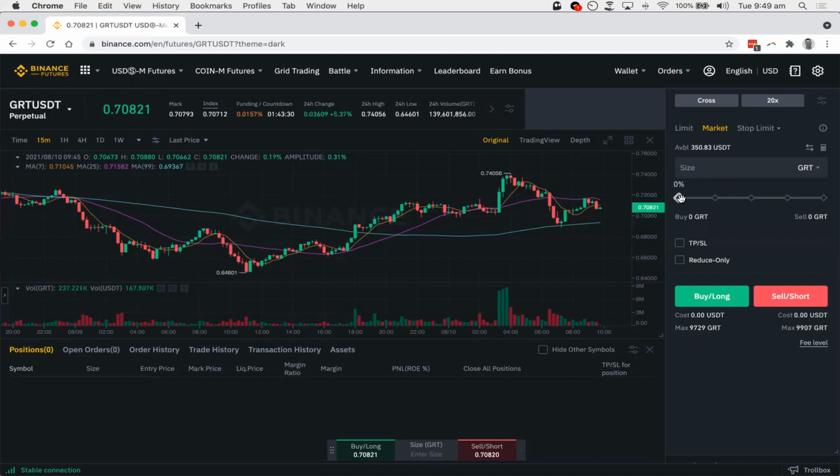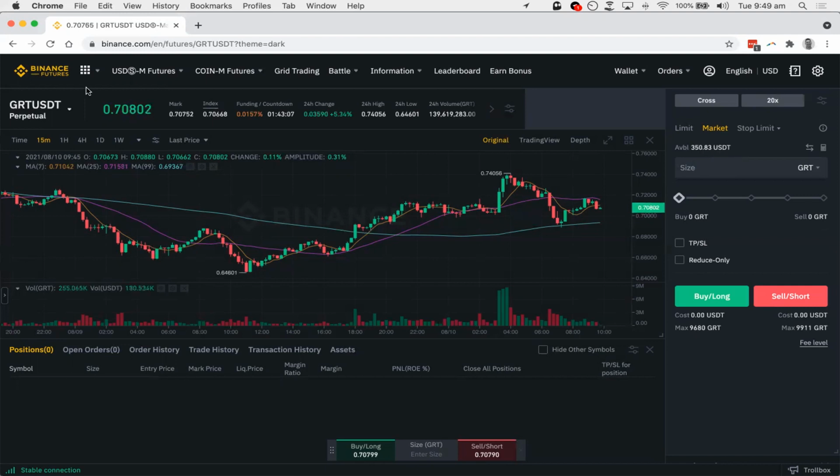Now, to determine how much you want to trade, obviously this is totally up to you. This is not financial advice. This is purely educational. But if we've got an account of $350 US, I don't want to use this entire balance on this trade.